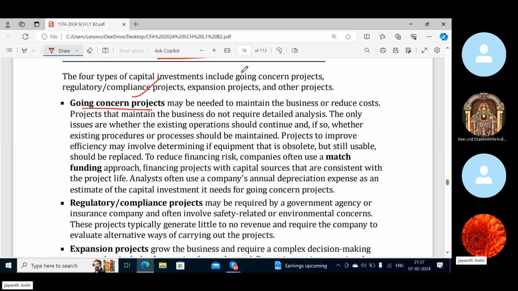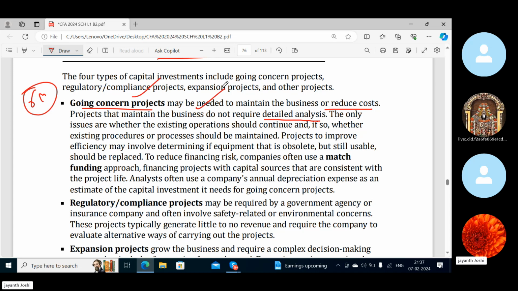If I say seasonal project, it's only for 6 months, not forever. Going concern projects may be needed to maintain the business or reduce costs. Projects that maintain the business do not require detailed analysis. That means there are certain projects which are very important to maintain the business activity.